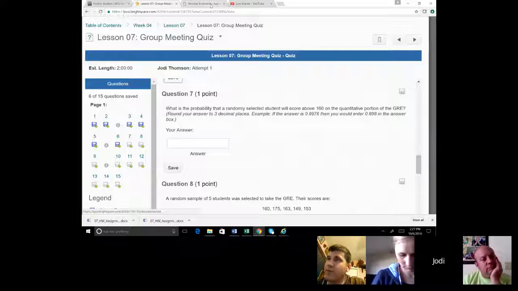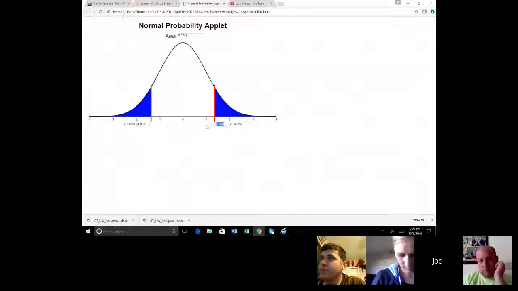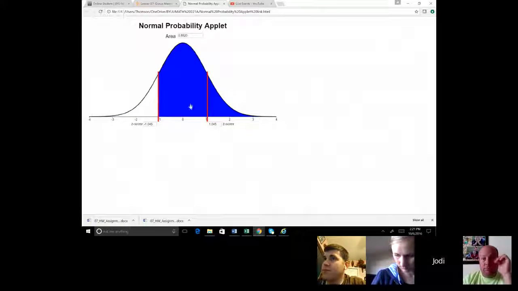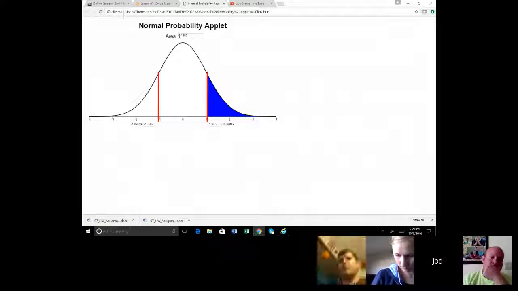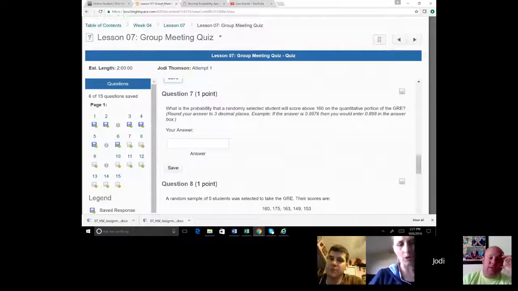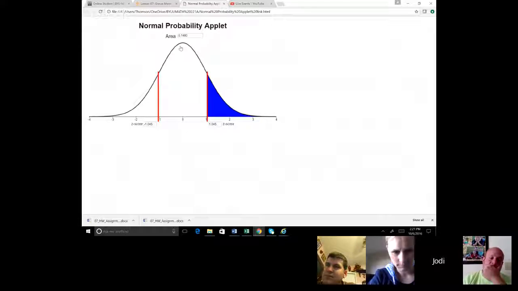So if I remember correctly, we're just going to take that Z-score that we got on the last one, and we're just going to see what the percentage is to get above it. Isn't that what the question was? Yes, just punch it into the applet. And then whatever's on the right side of it. So I think it's 0.148, isn't it? I think so. Yeah.